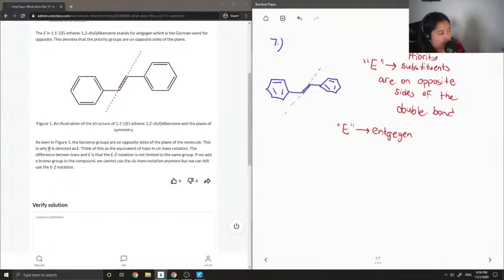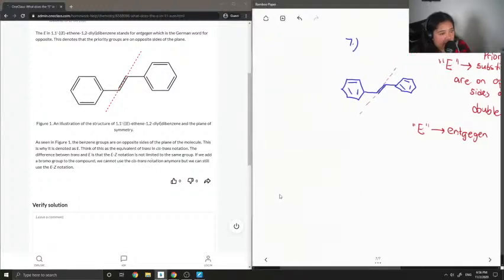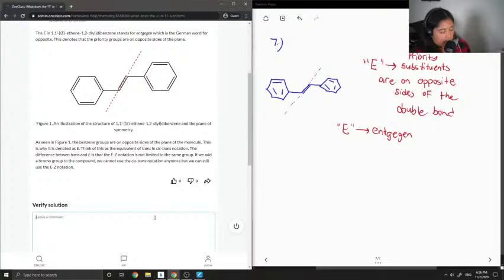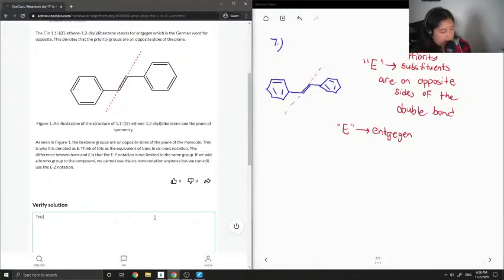This is why it is denoted as E. Think of this as the equivalent of trans and cis-trans notation. The difference between trans and E is that the EZ notation is not limited to the same group. If we add a bromo group to the compound, we cannot use the cis-trans notations anymore, but we can still use the EZ notation. Okay, so it's very informative, so this solution is correct.